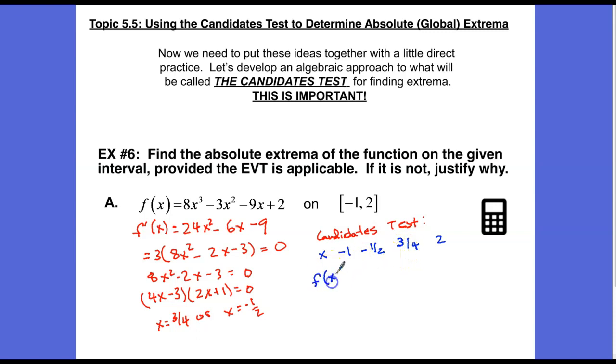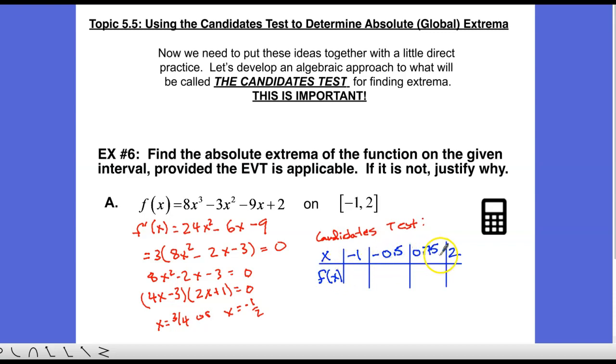And we'll find our corresponding f of x values. And we'll just go ahead and write those as decimals. And we can plug these into our calculator and find the corresponding f of x. So if we plug in -1 for x, and we compute 8 times -1 cubed minus 3 times -1 squared minus 9 times -1 plus 2, we get 0. And if we plug in 2, we get 36.